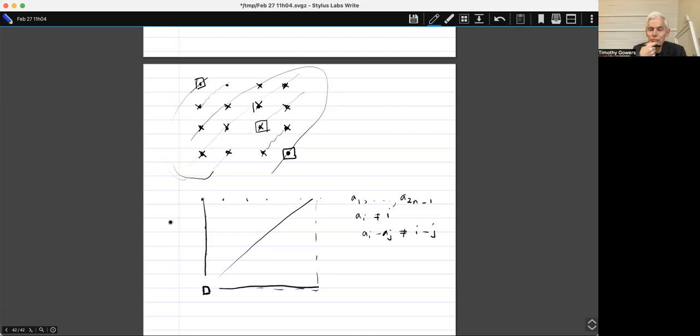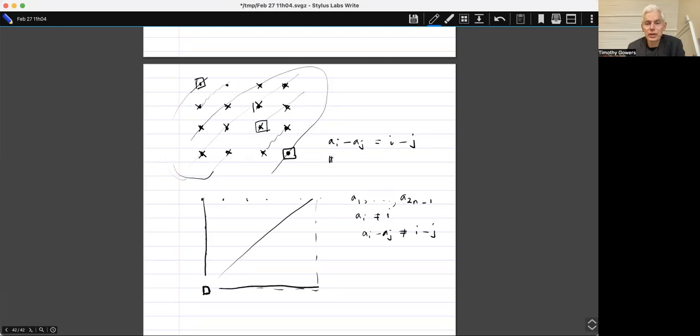I've suddenly had a thought. We're trying to prove that the number of solutions to a_i minus a_j equals i minus j is not 0, and parity is clearly relevant. Might it be easier to prove that the number of solutions to this is necessarily odd?